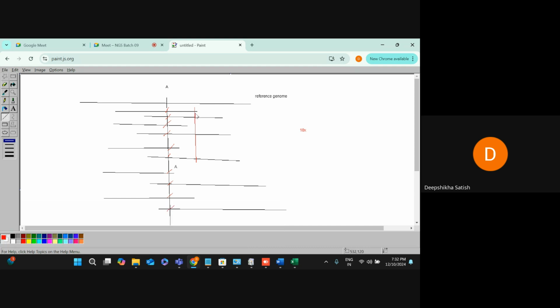on this position, maybe on this reference genome, you are having here guanine. Okay. And here you are having what? The T, maybe. T here. Okay.